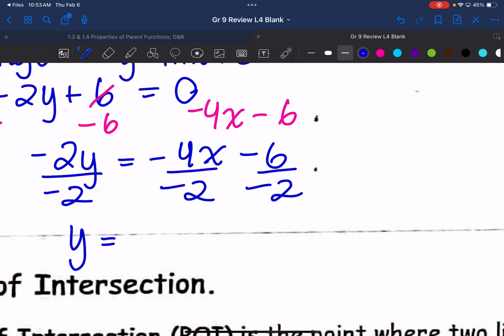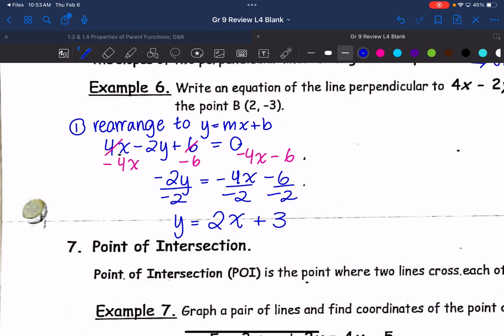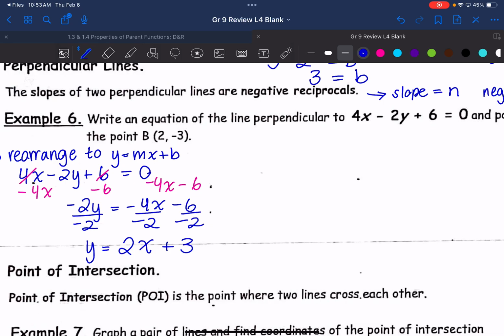So this is really 4 divided by 2, which is just 2. And then negative 6 divided by negative 2 is positive 3. Okay, so what's the slope of this line?